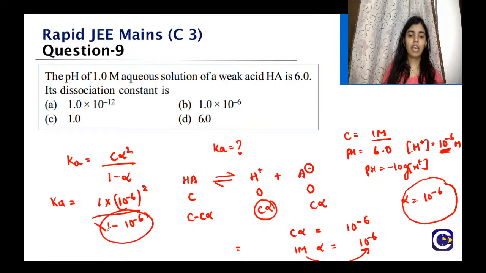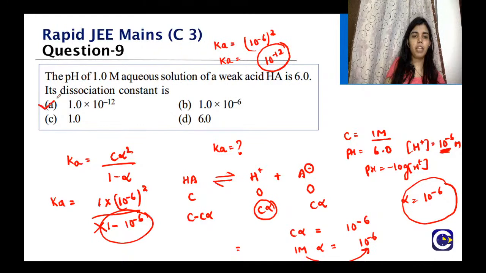So we are left with Ka equals 10 raised to the power minus 6 whole square, that is 10 raised to the power minus 12. So the value of the dissociation constant will come out to be 1 times 10 raised to the power minus 12. So the answer for question number 9 is A.